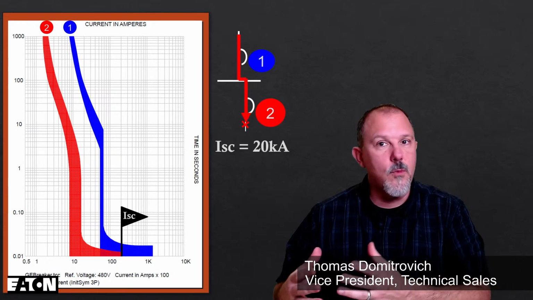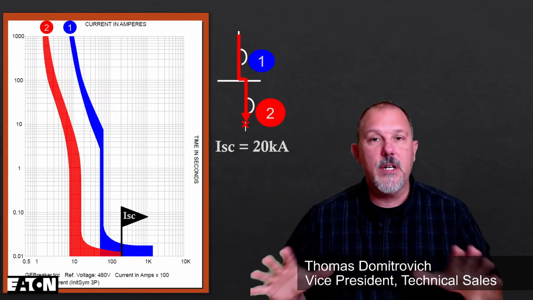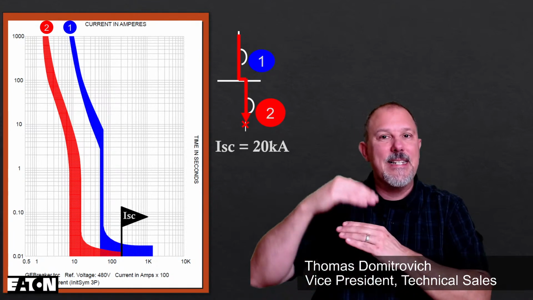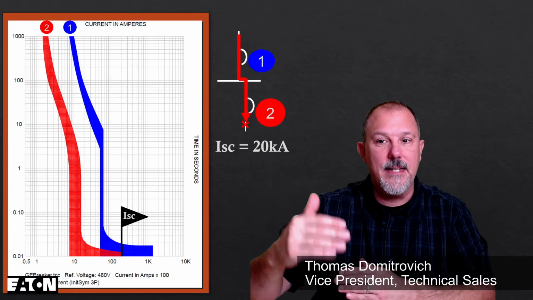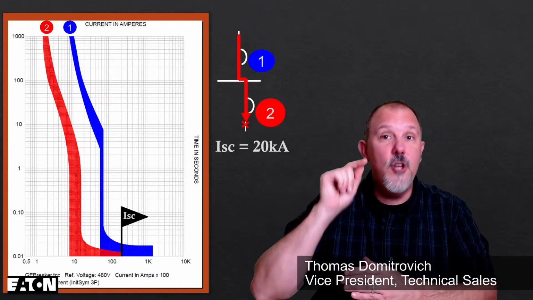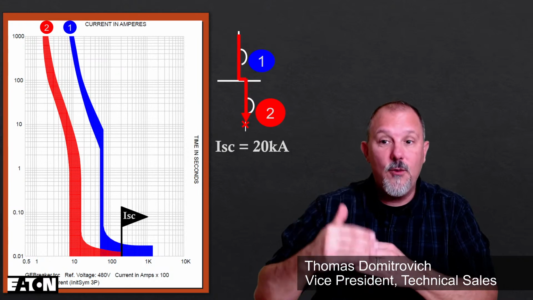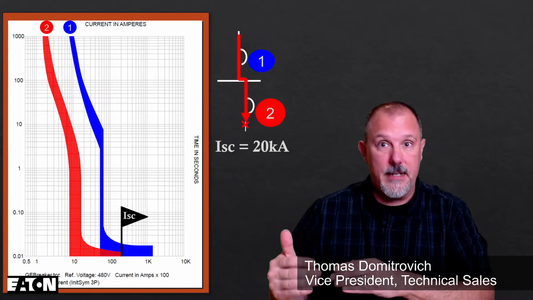But in the coordination world, it's not a problem because I'm not worried about any fault current that does not extend beyond 0.1 seconds. That fault current will not persist for more than 0.1 seconds. That will open instantaneously.